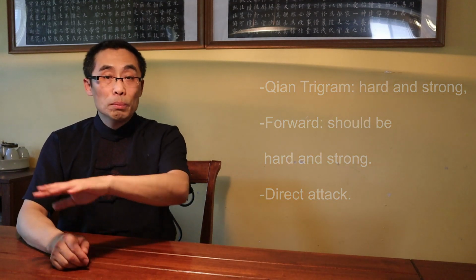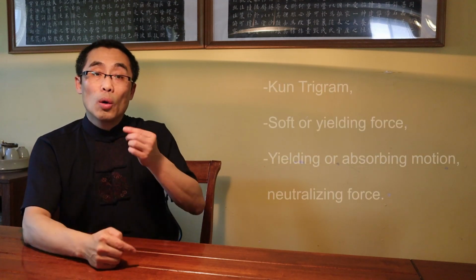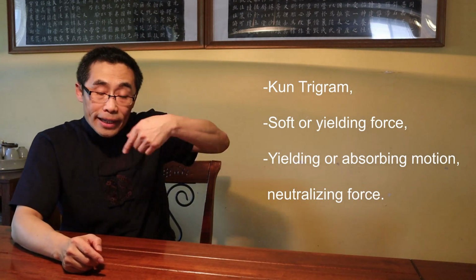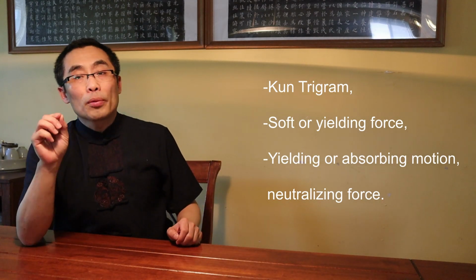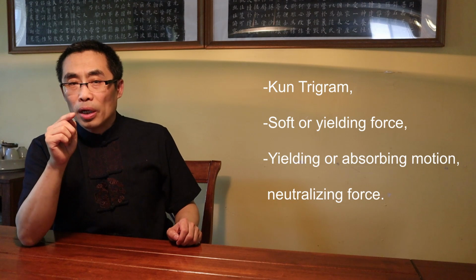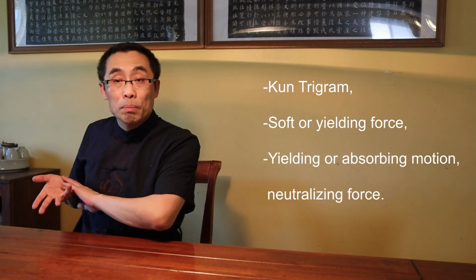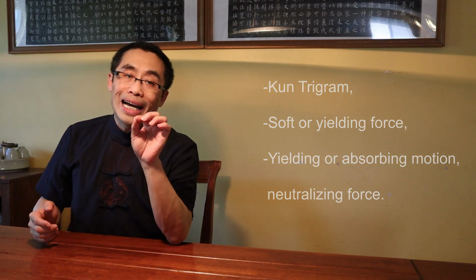When the force moves toward the opposite of the Qian trigram, the Kun trigram, it should be soft or yielding force. In Bagua practice, any backward or Kun force, such as yielding or absorbing motion, should be neutralizing force.